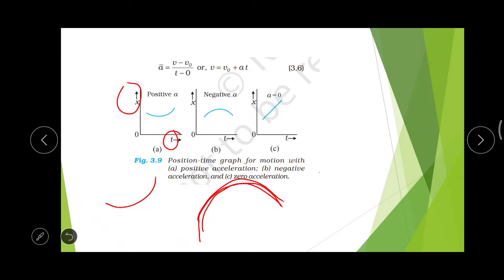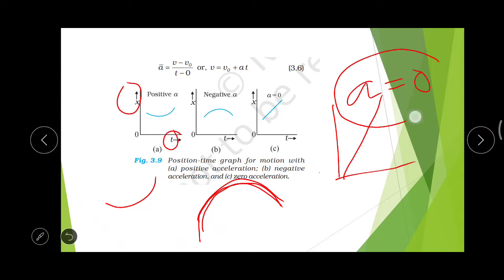If the position time graph is a straight line, that is a uniform motion, then a is equal to 0. Uniform motion means the velocity is uniform, so the acceleration value will be equal to 0.